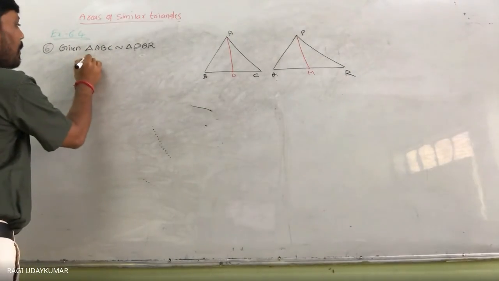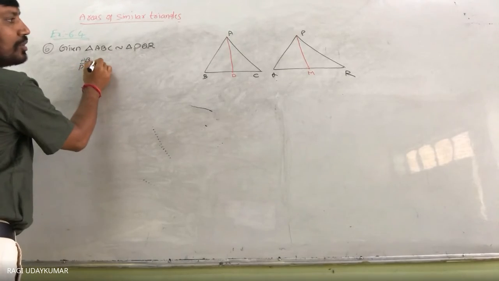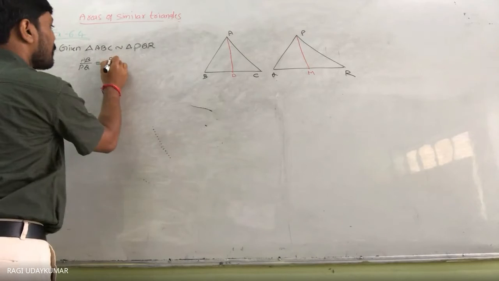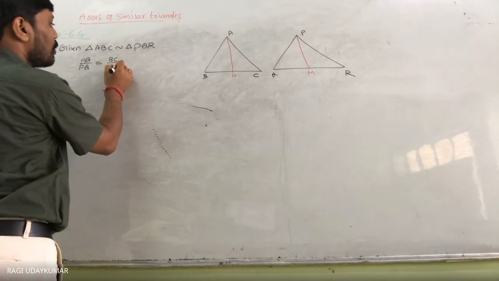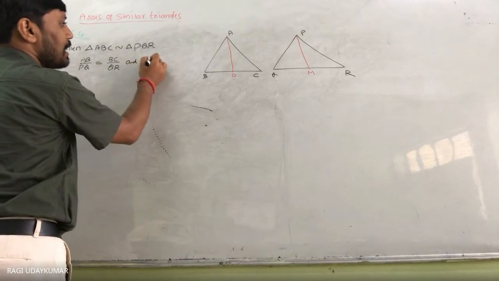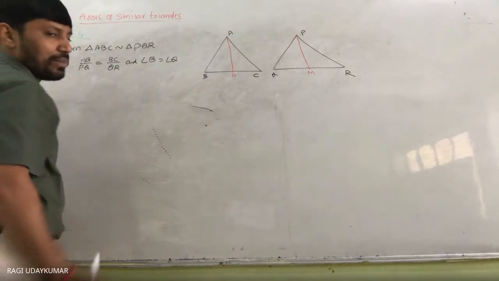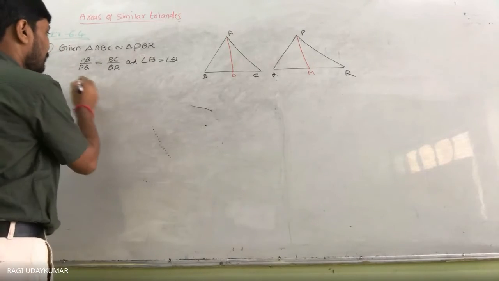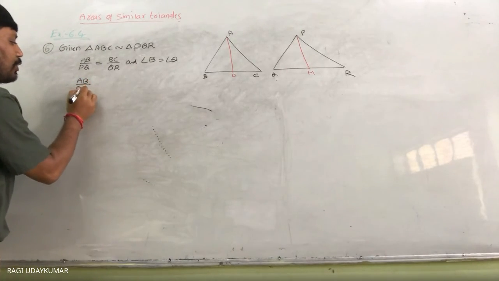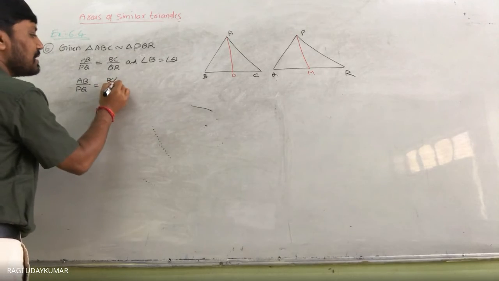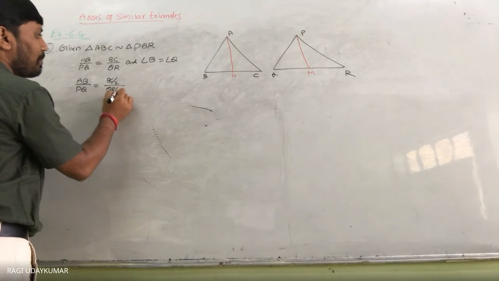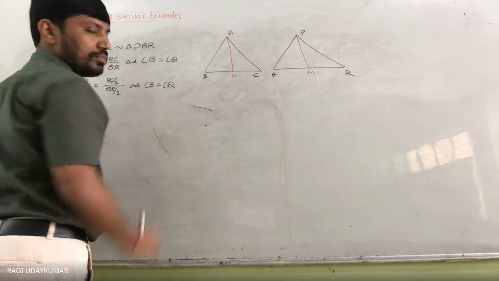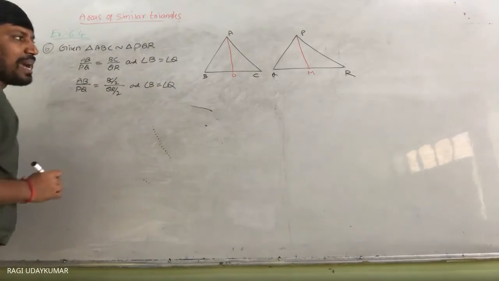AB by PQ is equal to, I am taking this one, BC by QR, and angle B is equal to angle Q. Now take half of BC, so AB by PQ is equal to (BC by 2) by (QR by 2), and angle B is equal to angle Q. What is half of BC?